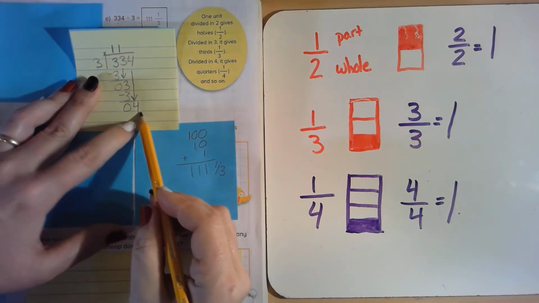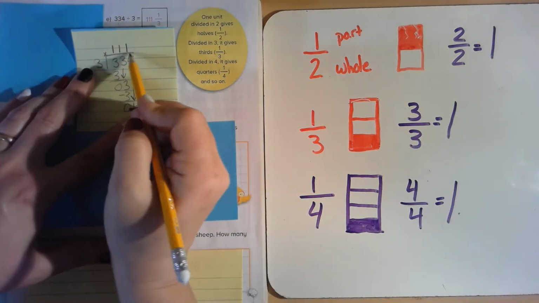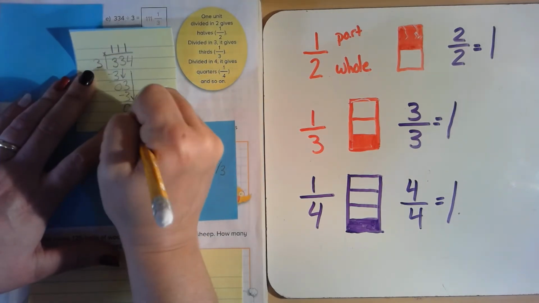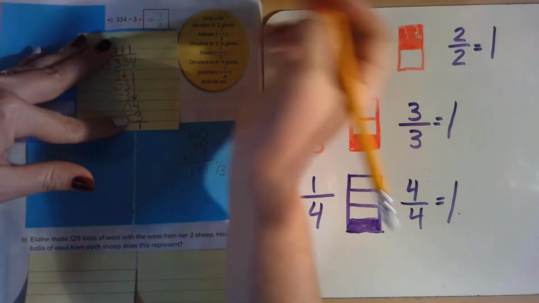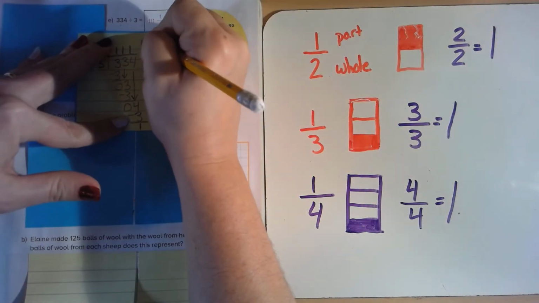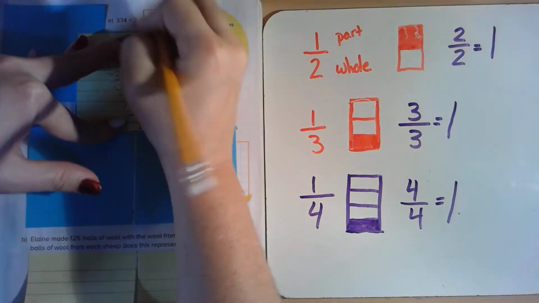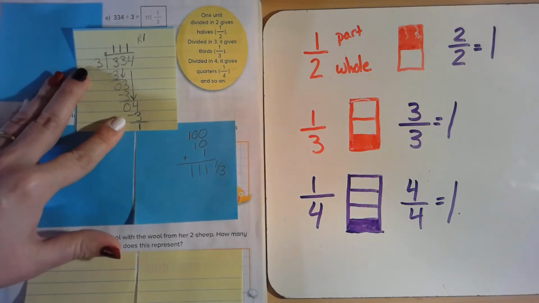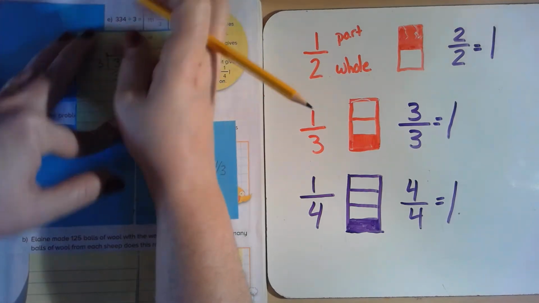Bring down my 4. 3 goes into 4, 1 time. 1 times 3 is 3. And I have a remainder of 1. You might have seen someone write remainder R1 like this before. However, I want us to learn about fractions. So we're not going to put R1, which means remainder 1.